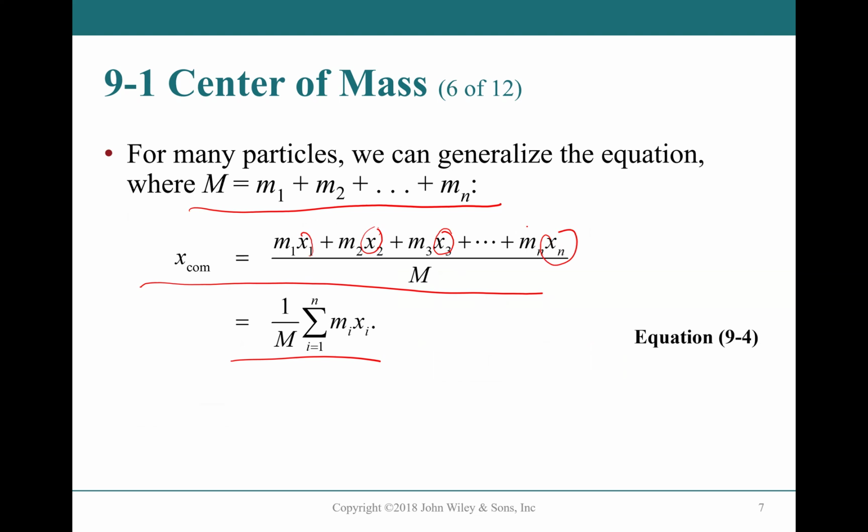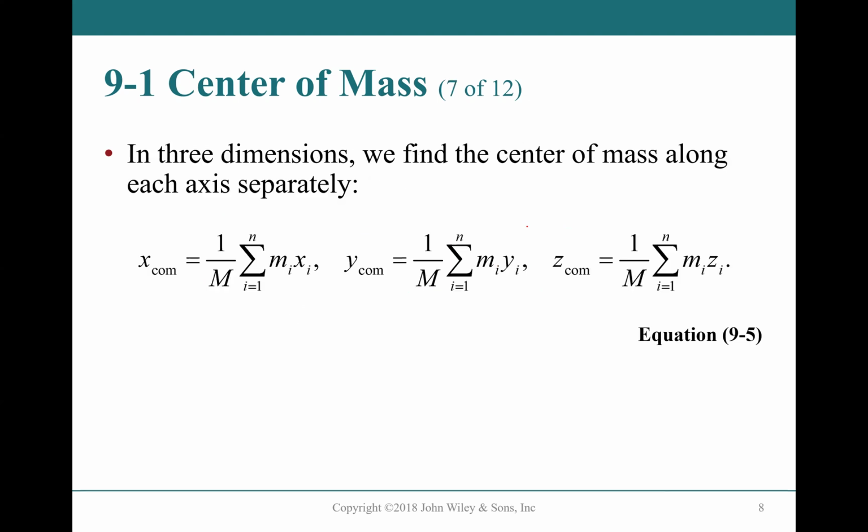Usually we are not going to have a lot of particles in the system to do your calculation, but remember the equation. It's mass times the location of the mass plus the mass times the location of the mass. So you are going to add the masses times the location of the mass, and then divide by the total mass.